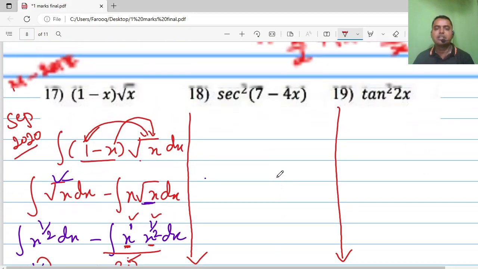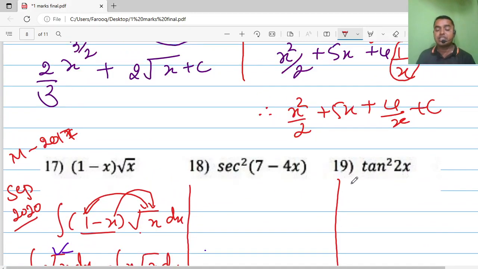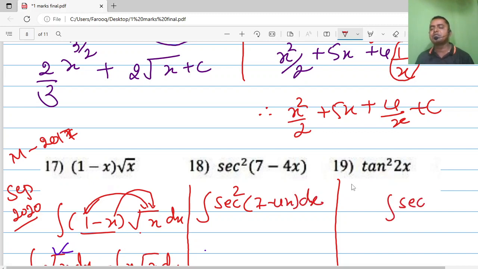You will get the solution in this manner. So integration of sec square 7 minus 4x dx. We know that integration of sec square x is tan x. So here instead of x, 7 minus 4x is there.